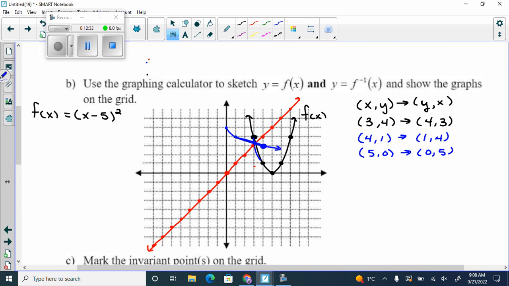I know this came out with an arrow. Then I have 6, 1. It's going to become 1, 6. And then I have 7, 4. 2, 3, 4, 7.